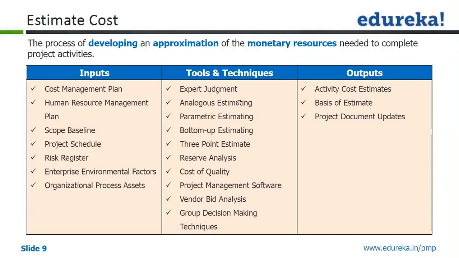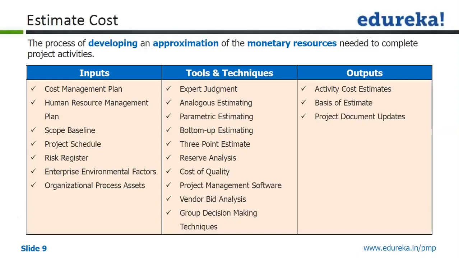Then the basis of estimate: whether I have used analogous estimating along with parametric estimating, these two combined together, or bottom-up estimating and three-point estimate combined together. So what was the basis of estimate? Which tools and techniques did I use? Why were they selected for the project? All of that output you will put in the basis of estimate document, and you will update the project document updates like the cost management plan.